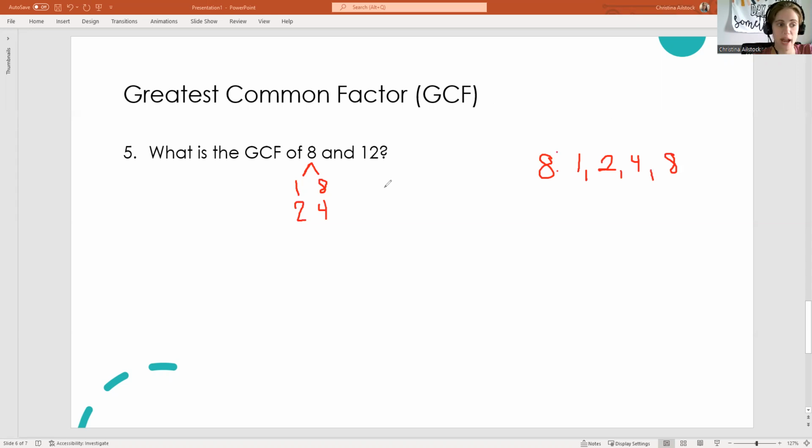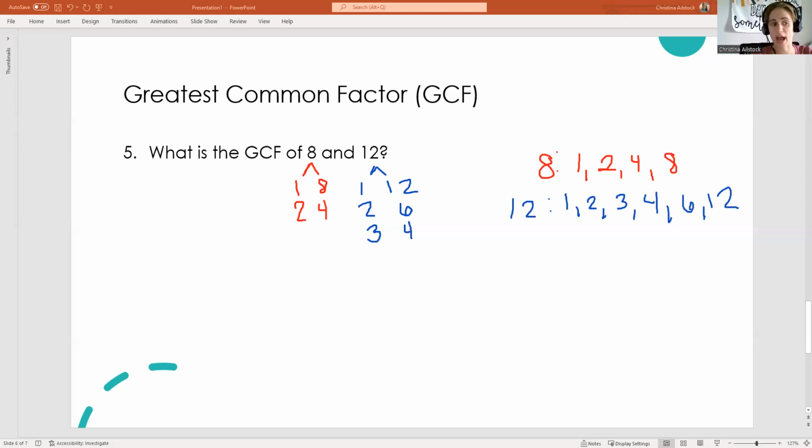Now let's list our factors of 12. So we have 1 times 12. And then 2 times 6 is 12, and 3 times 4 is 12, and I'm at 3 and 4, which means there's nothing left. So if I list them out in order, 1, 2, 3, 4, 6, and 12.